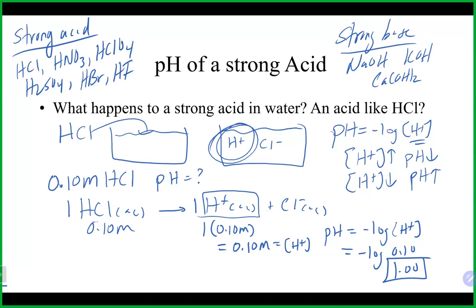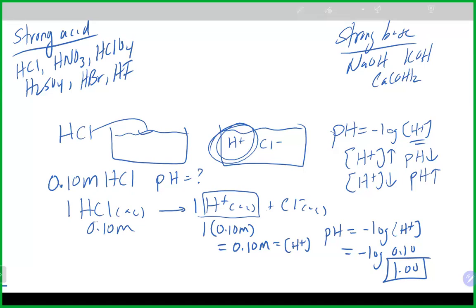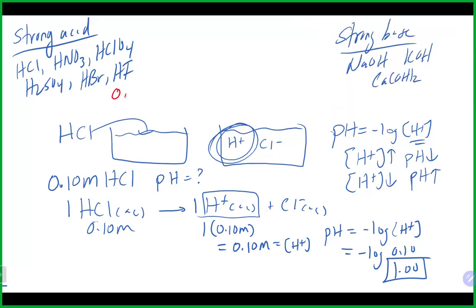Now, the same thing can happen if you are given a base. Let's just say we have a 0.1 molar sodium hydroxide solution, and we wanted the pH. The difference, though, when you're given a base is that this base is going to break apart 100% into a sodium ion and a hydroxide ion.